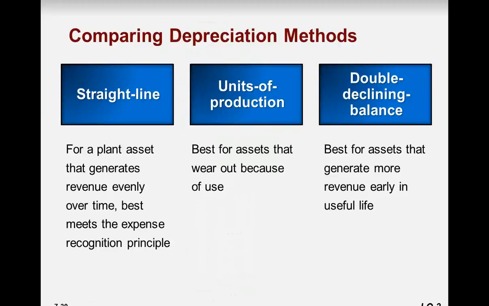Some machines are meant to run by the hour or so many parts, and by the time they get to the end of the parts, then you know that they're either going to need a major overhaul or a new machine. And double declining balance for assets that generate more revenue early in their useful life.